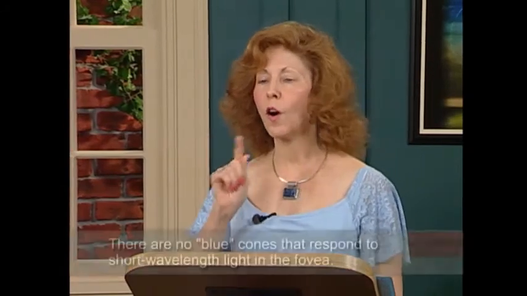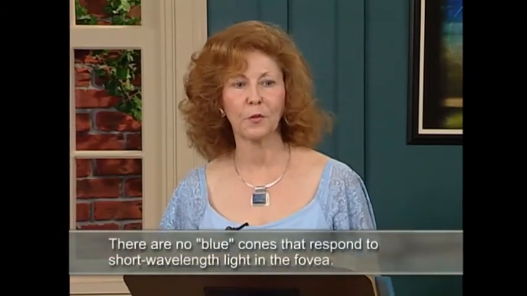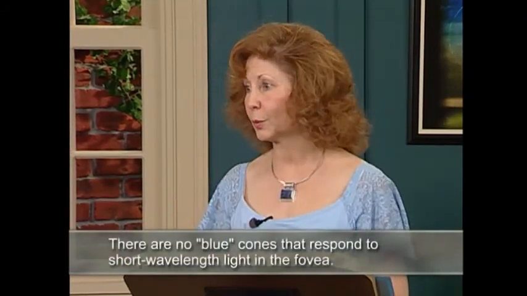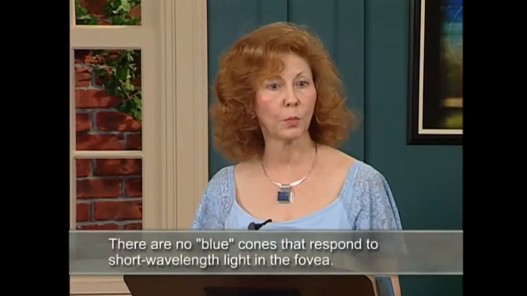We don't want anything that degrades the visual image. So short wavelength light degrades visual images, so the retina has selected for a visual pigment that actually absorbs any stray short wavelength light. Also, very interestingly, there are no blue cones in the fovea of the retina or in the macular region. Most of the macular region has no blue cones.